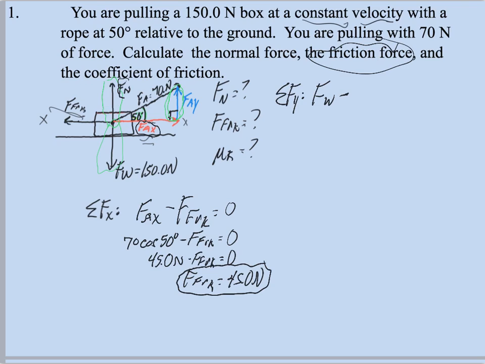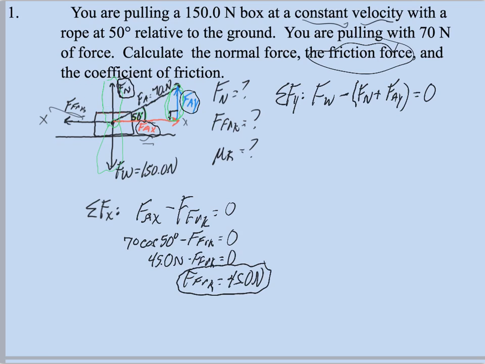I'm going to subtract the normal force, whatever it is, plus the FAy, the y component of the 70 newtons. I'm going to put that in parentheses just to remind myself that they point the same way. And why am I adding them in the parentheses? I'm adding them because they both point up. If they both point up, they're both positive. And all of that should equal 0.